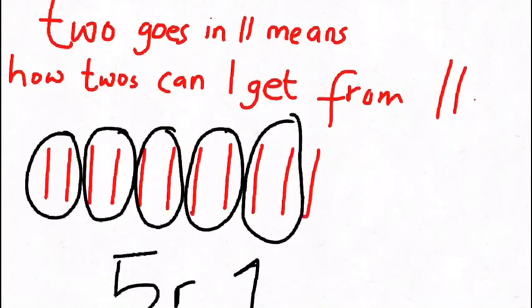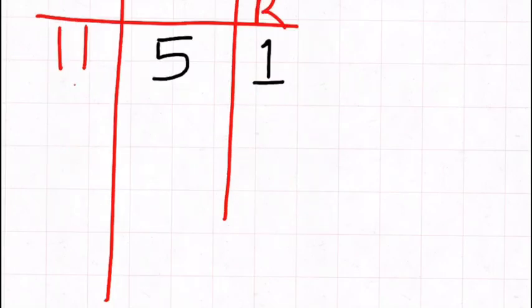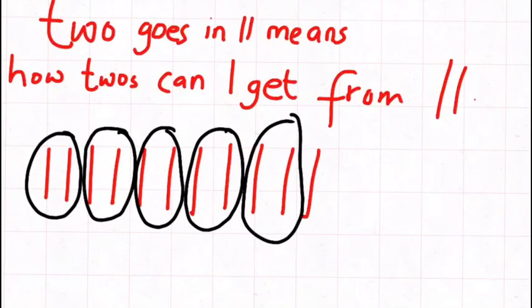First of all, we have to ask ourselves, how many times can we get 2 in the number 11? Or how many times can 2 divide 11? So you can do this simple illustration if you struggle to understand this. The number 11 is represented by these 11 bars. As you can see, I can get 5 twos from this.